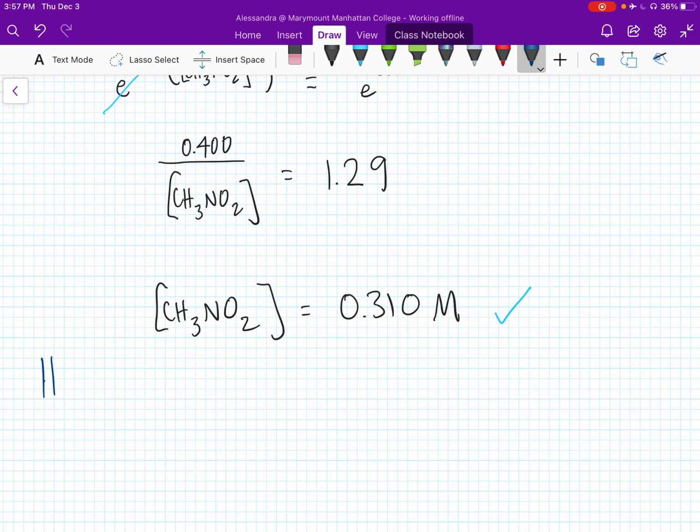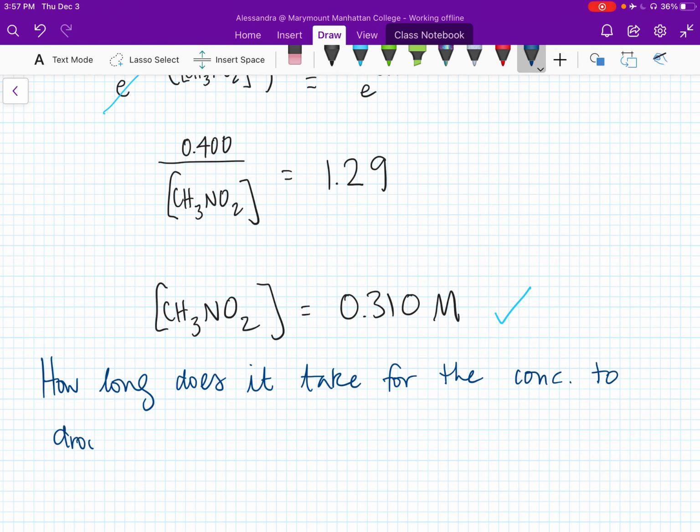Let me ask you now a follow-up question, another type of question that you may potentially see in the kinetics chapter. How long does it take for the concentration of the reactant to drop to 0.1 molar? Let's say 0.100 molar.